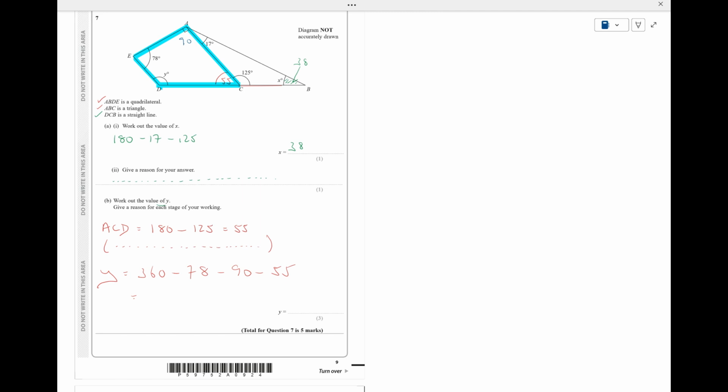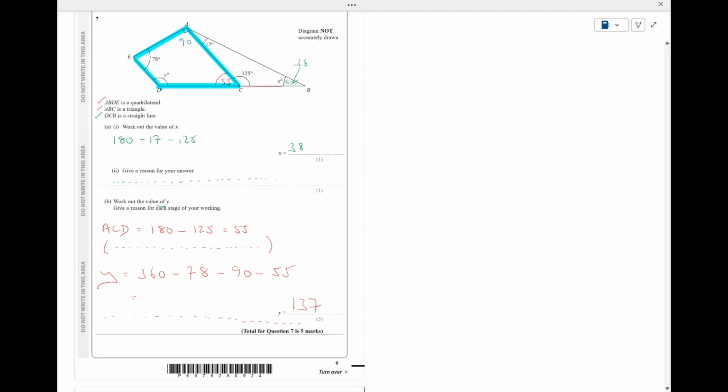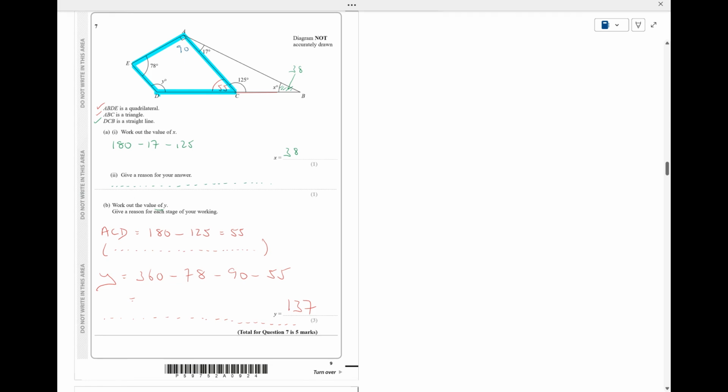Right. 360 minus 78 minus 90 minus 55. 137. I have to give a reason. So I think I would say the angles in a quadrilateral add up to 360. And that's question 7 done.